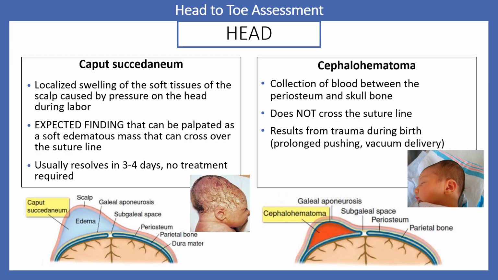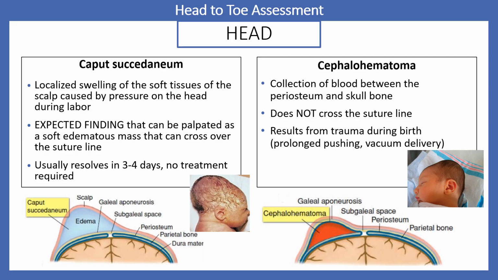A caput is localized swelling of the soft tissues of the scalp caused by normal pressure on the head during labor. Caput feels like a soft edematous mass and can cross over suture lines. Caput usually resolves in 3 to 4 days by itself and no treatment is required.